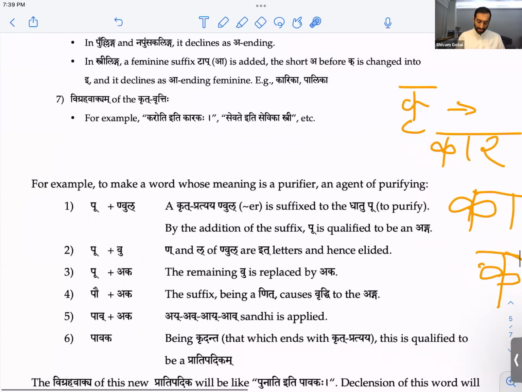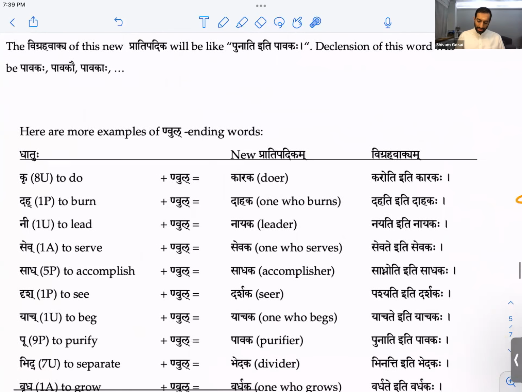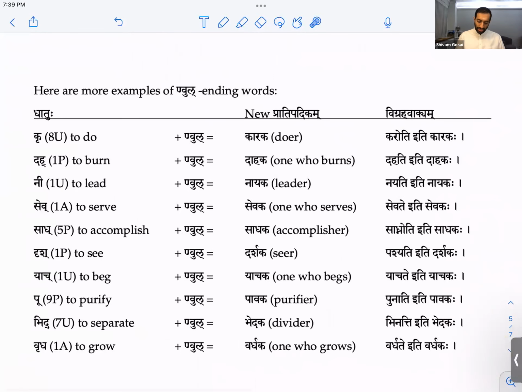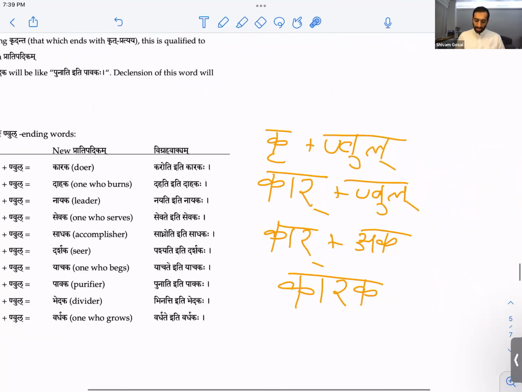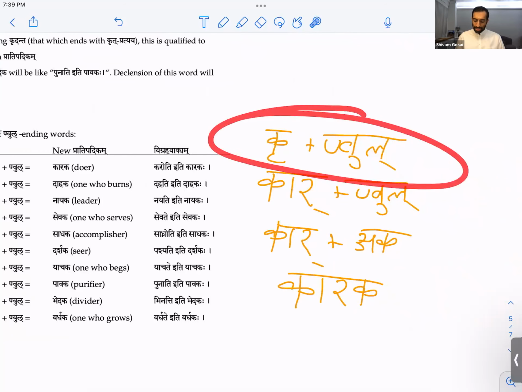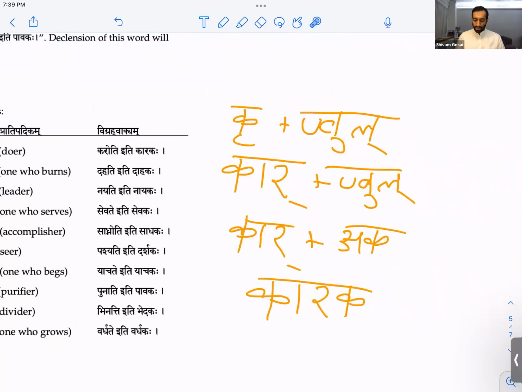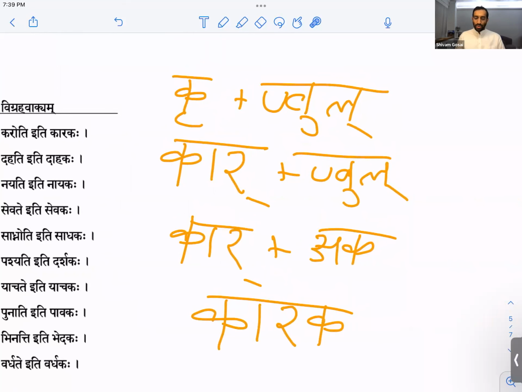I know I'm going fast. First, let's look at this word kr. We're going to make the word karaka. Have you heard the word karaka before? Yeah, we saw this last time, but just as a reminder. Kr plus nvul. When I have kr plus nvul, remember we said the vriddhi can take place.